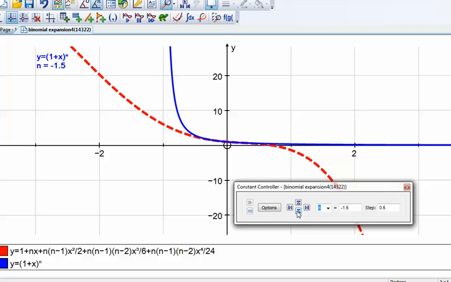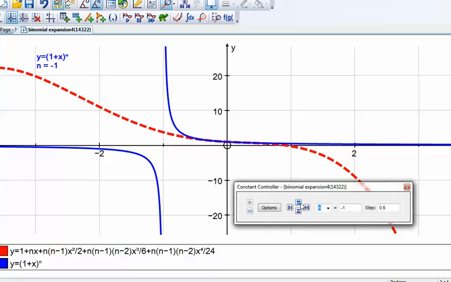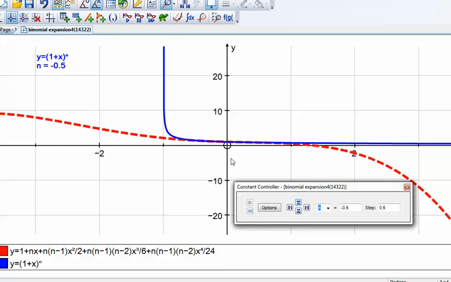So if I stop there, when n is minus 1.5, you can see that around this area here, which looks to be approximately 0.5 and minus 0.5, we've got very close graphs here, so clearly good approximations. But beyond that, the two curves diverge, and just increasing that. Now there, and when we get to that point when n is minus a half, we can probably say we've got a fairly good approximation between 1 and minus 1 almost, and then just moving up.